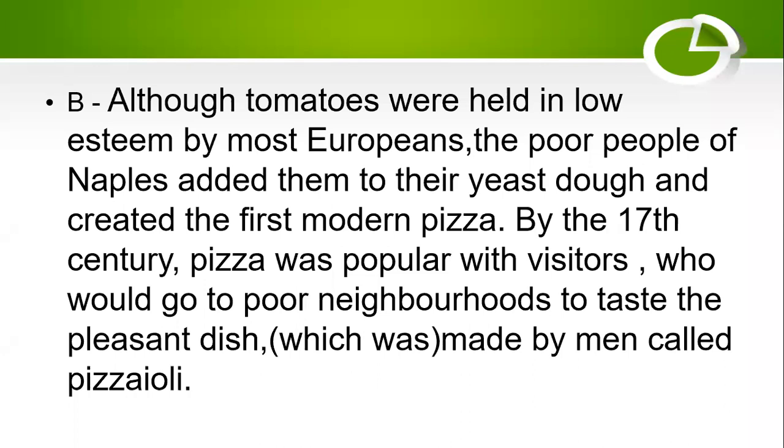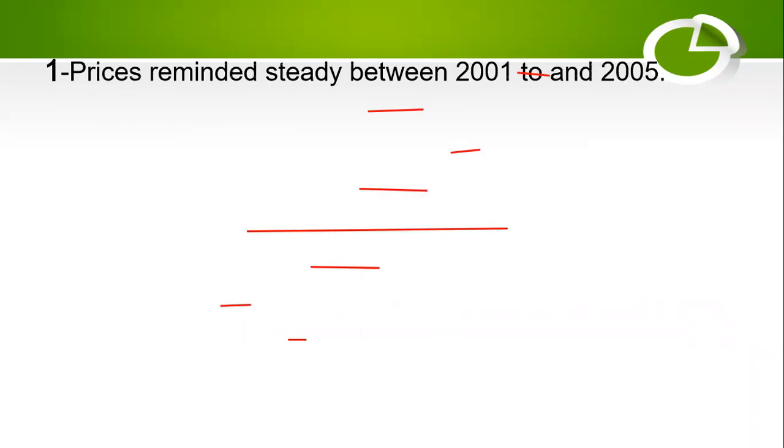Now, exercise number 6. In this exercise, you had to identify and correct the errors. Let's start. Sentence number 1. The book has it written like this: prices remained steady between 2001 to 2005.